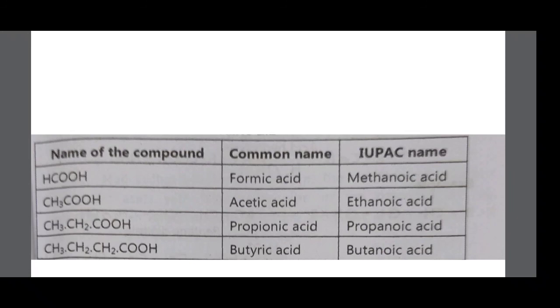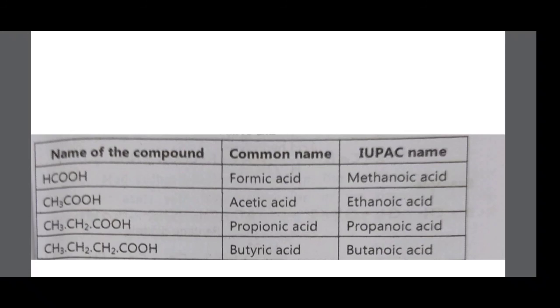Then the third one is CH3CH2COOH. How many carbon atoms are in this structure? Three carbon atoms, therefore the parent hydrocarbon is propane. In propane, E is replaced by OIC acid, therefore the IUPAC name of this structure is propanoic acid and the common name is propionic acid.